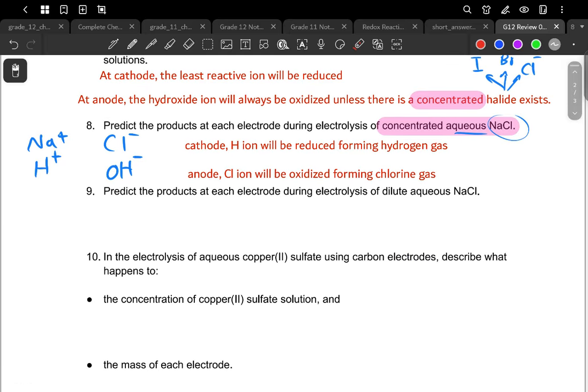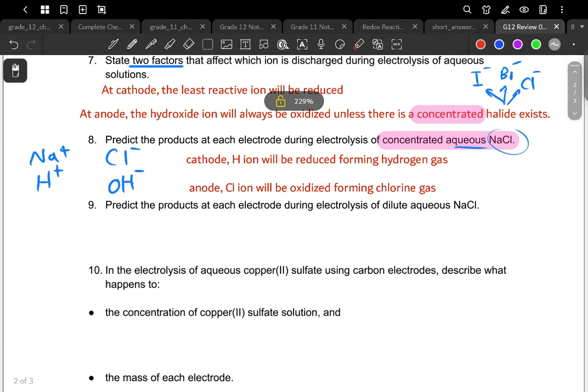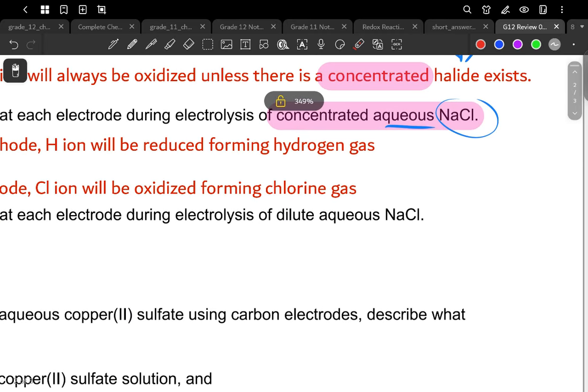Let me write down the half equations. The hydrogen ion, when it is reduced, accepts one electron and changes into hydrogen, right? But hydrogen is a gas. It always exists as diatomic, so I have to add 2 here, and 2 here.